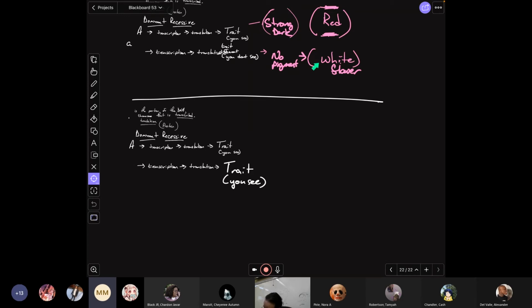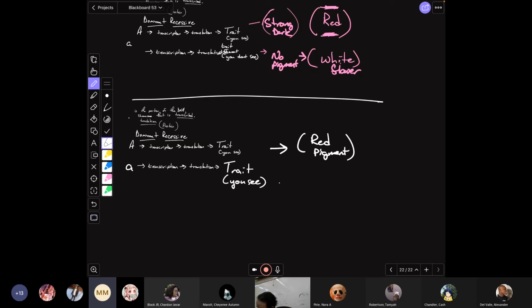But what if you see it? What if you have a gene where you produce a red pigment and you produce a white pigment? What happens then? What do you think might happen?